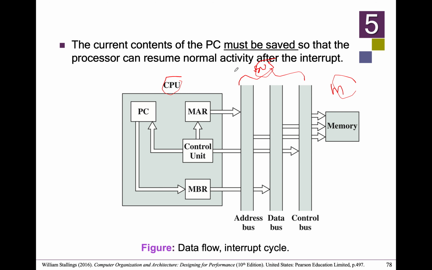In the flow, the current content of the PC must be saved so that the processor can resume normal activity after the interrupt. It's similar if you are using Microsoft Word and suddenly there is an error, or your laptop runs out of battery and turns off automatically.